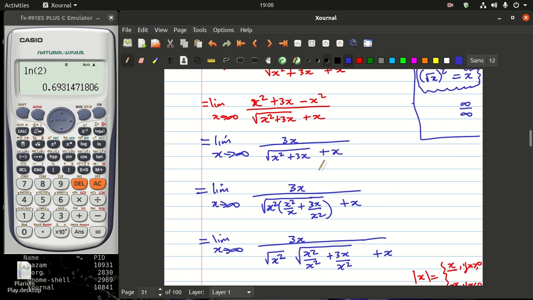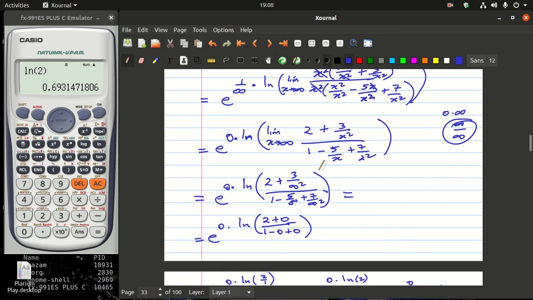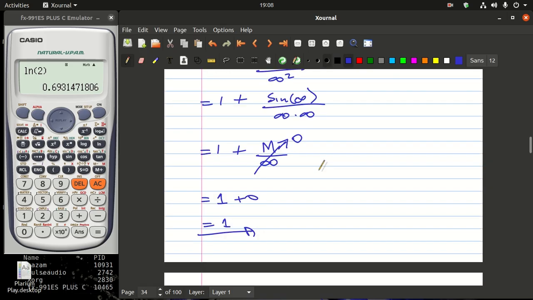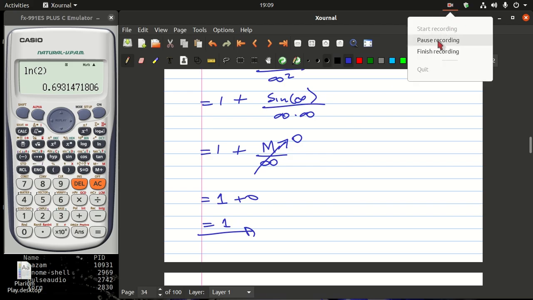And then after L'Hopital's rule, that's when we'll also summarize how you can solve limits, the summary of solving limits, especially those that have to do with x approaching infinity. I think we will end there for today.